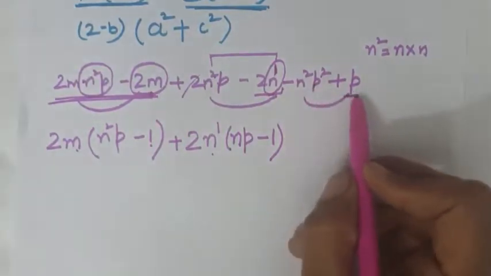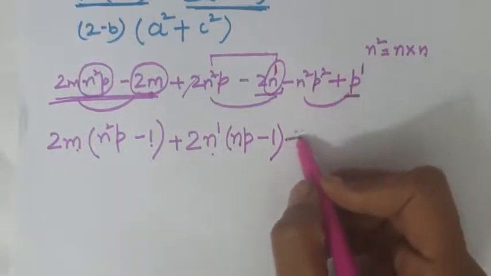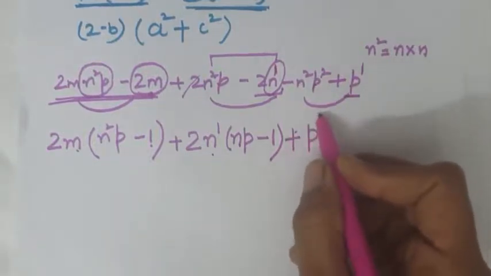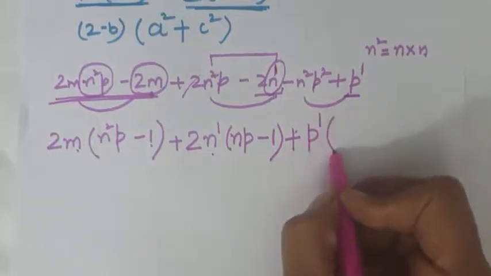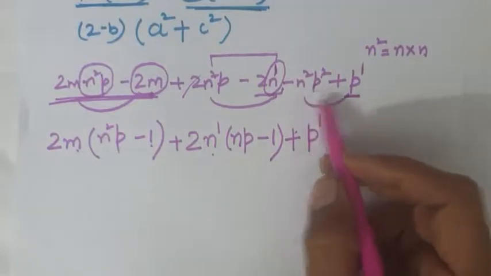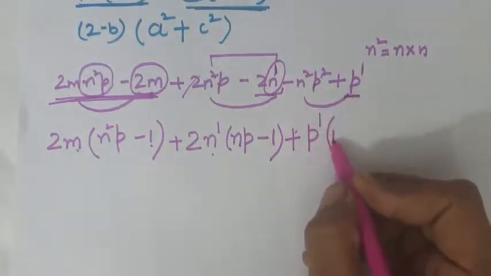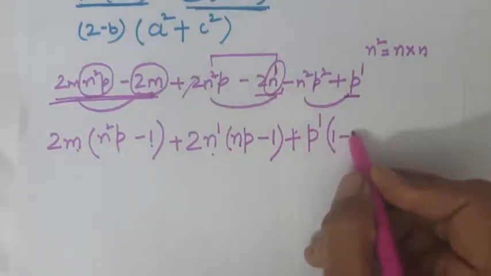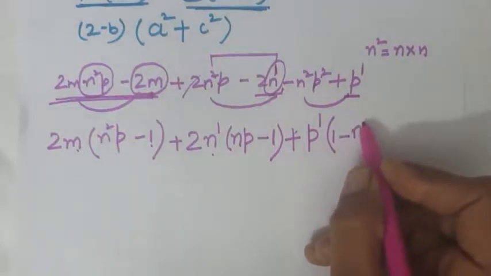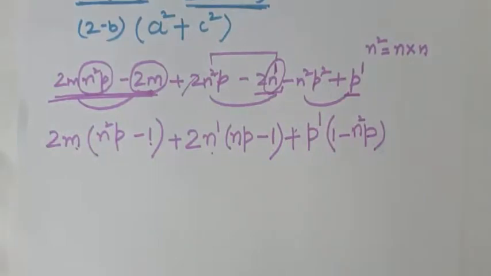And here p is raised to power 1. So can I take p raised to power 1 as common? Yes. So what is left here? 1 minus n square p. Fine? This is clear?